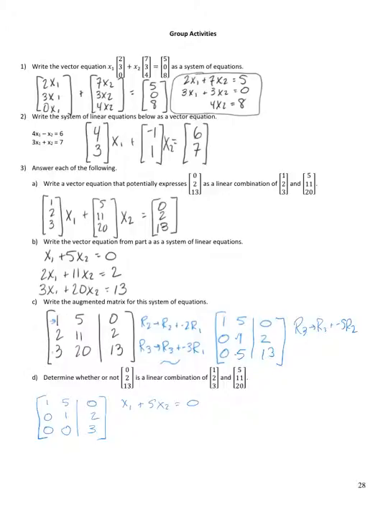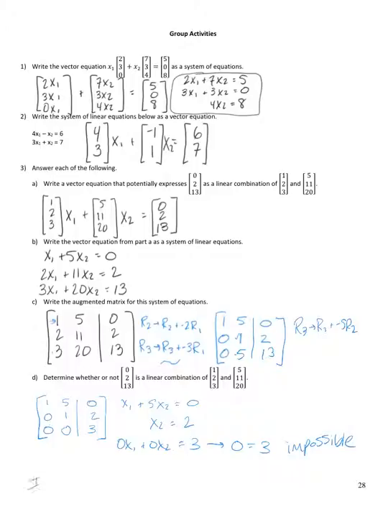My second row says x2 equals 2, and my third row says 0x1 plus 0x2 equals 3, which is equivalent to saying 0 equals 3, which is impossible. So this system is inconsistent.